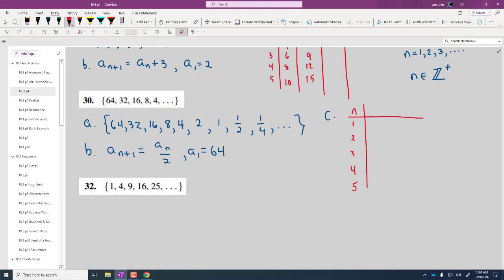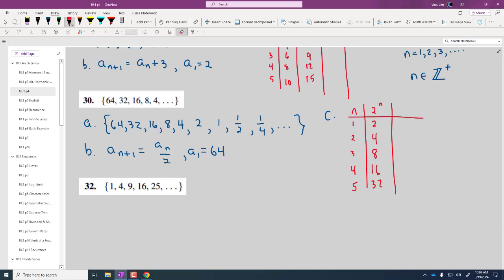Each one is a power of 2. So it will be helpful if they're all powers of 2. Let's look at this column, 2 to the n. So 2 to the 1 is 2, 2 to the 2 is 4, 8, 16, that's 32. Okay. All right, so that's not quite it exactly.